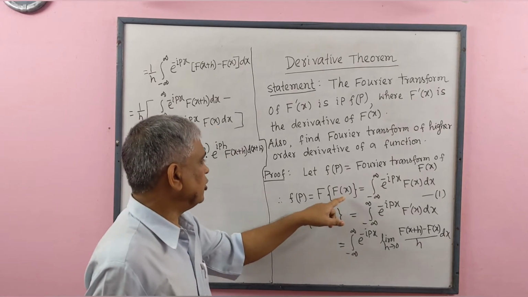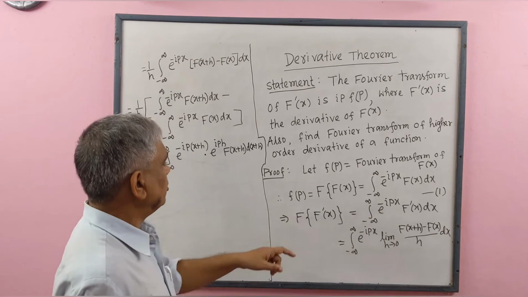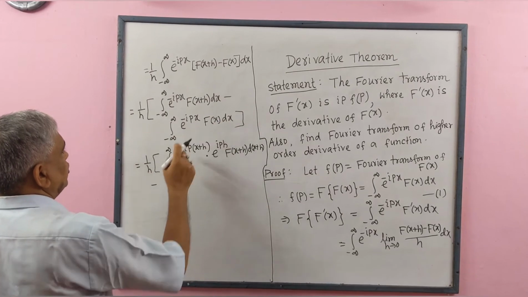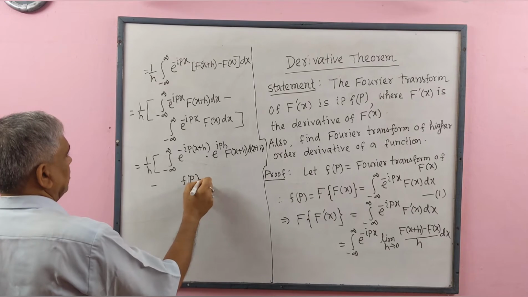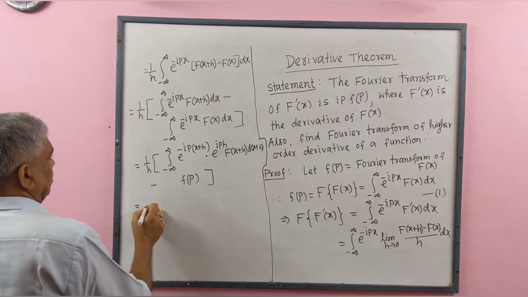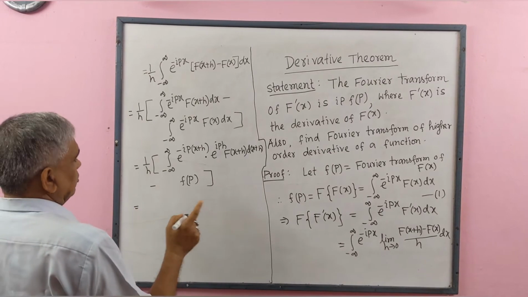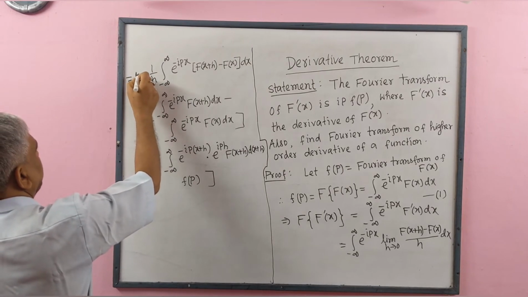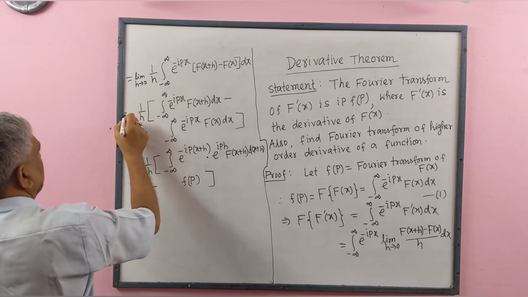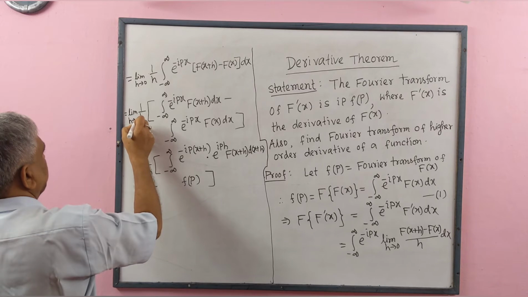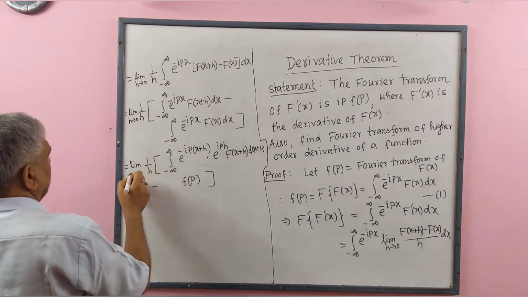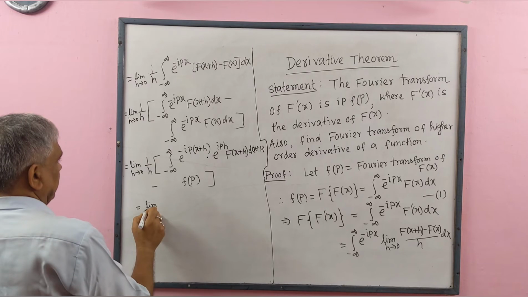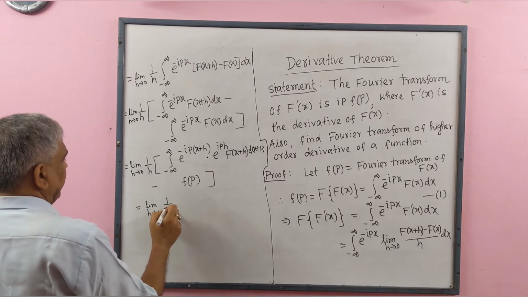Since the Fourier transformation of f(x) is equal to F(p), for this we may write F(p). This equals limit h tends to 0, 1 by h.